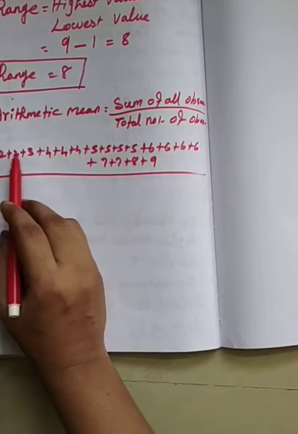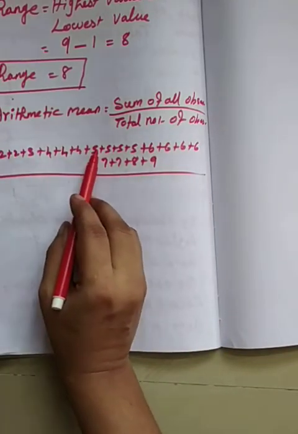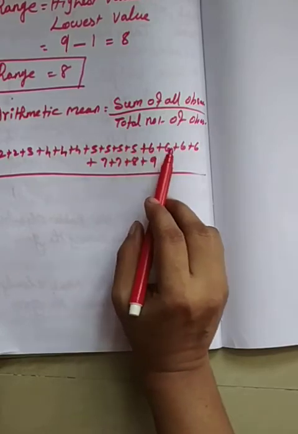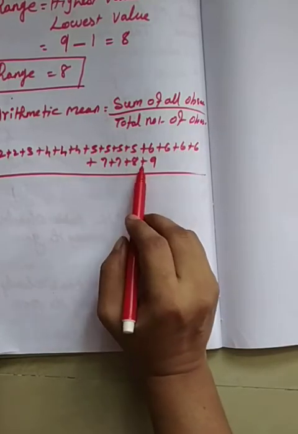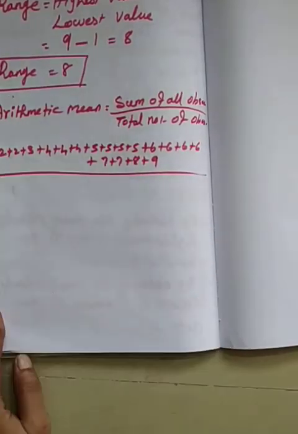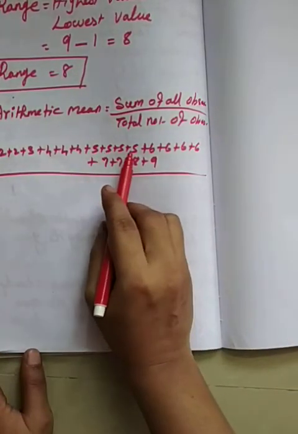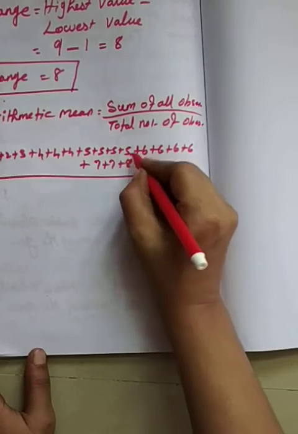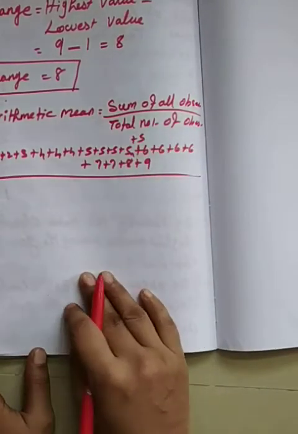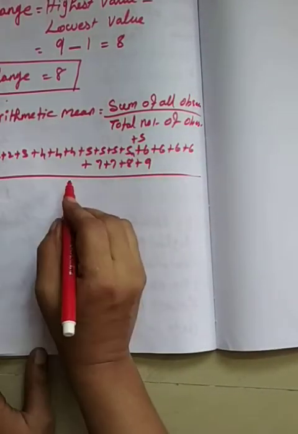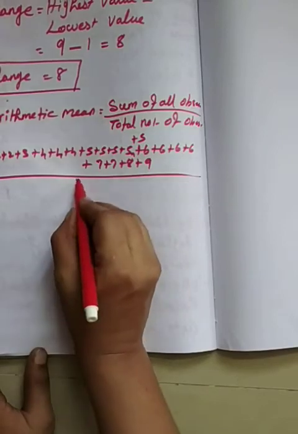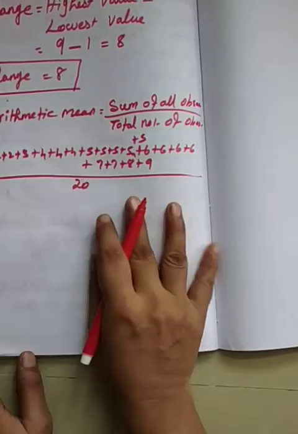See, 1 2 3 4 5 6 7 8 9 10 11 12 13 14 15 16 17 18 19. One term was missing. The term was 5 times 5. Okay, see here, plus 5. Now 20. So divided by 20.